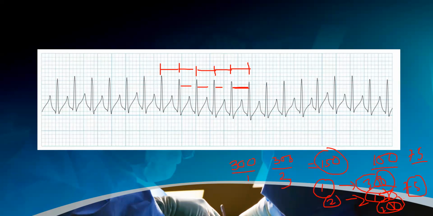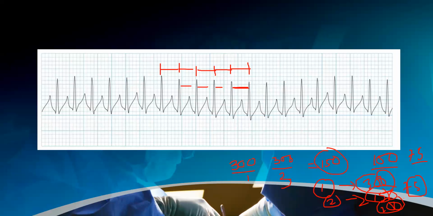Most of the time, this will be your heart rate in the exam. For an irregular heart rate, like atrial fibrillation, you don't need to comment on the heart rate exactly because it's very hard. In the time they give you in the exam, you can't determine the heart rate for an irregular rhythm like AF. So don't bother with that. Just say heart rate is elevated and irregular in rhythm. That should be fine.